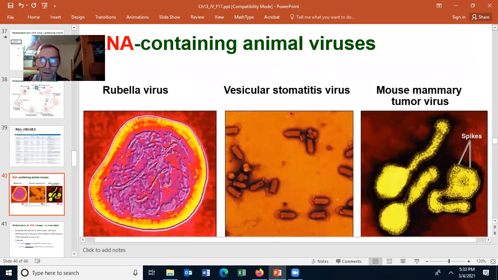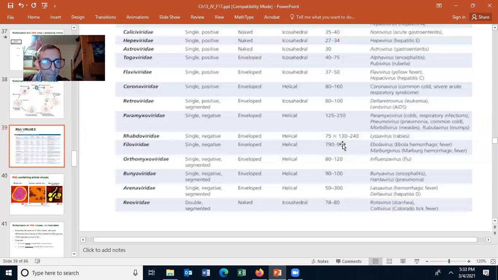All of these other RNA viruses, we'll talk a little bit about the orthomyxoviridae viruses. These are the viruses that cause the flu, and then all the others we won't talk about.